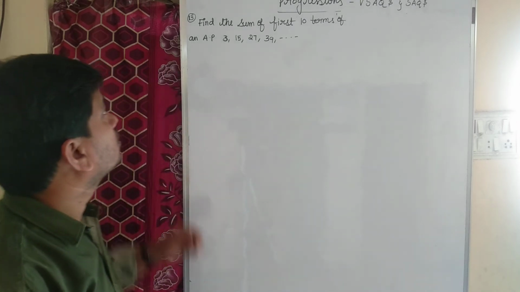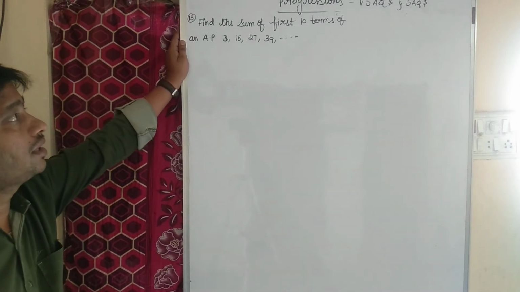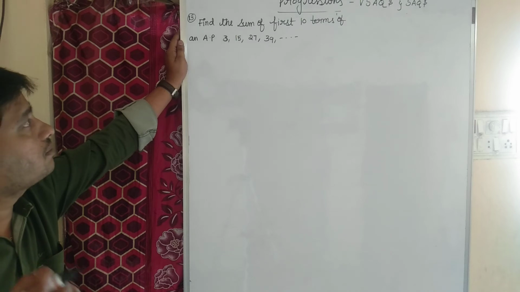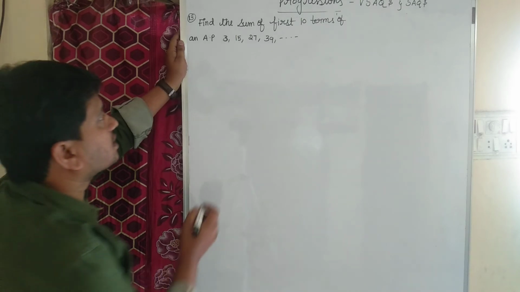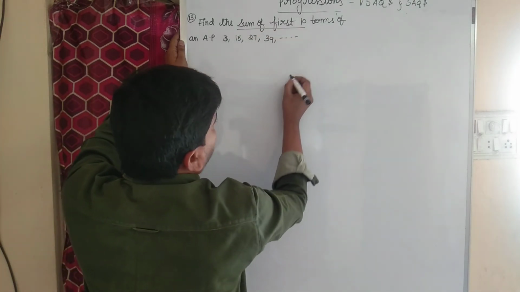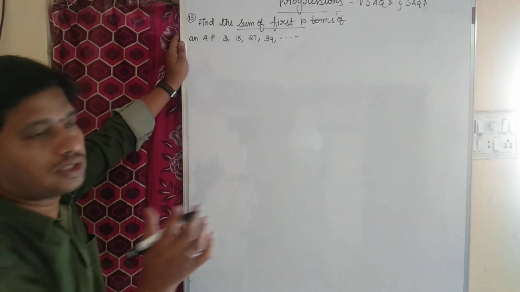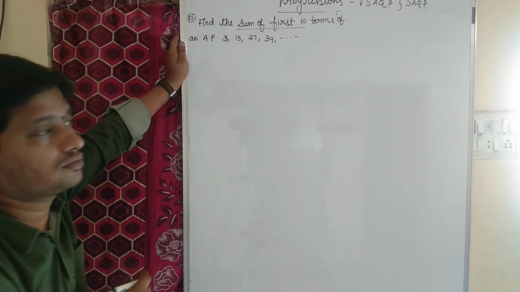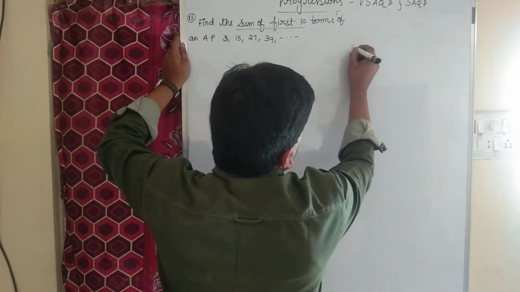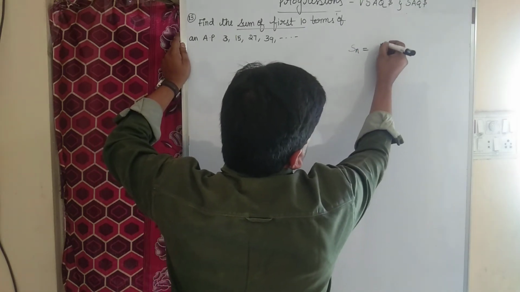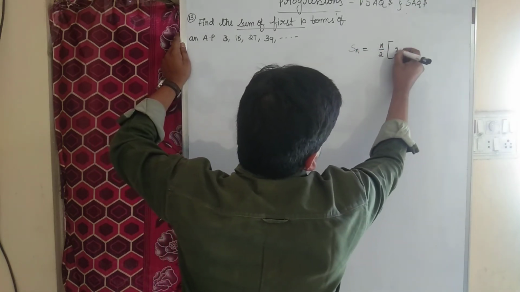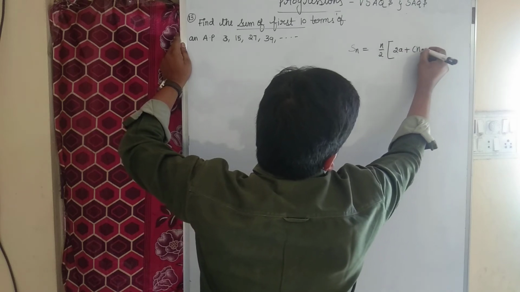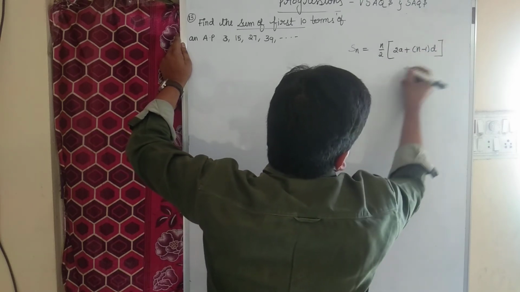Now coming to the 13th question, find the sum of first 10 terms of an AP. What are they asking, children? They are asking to find the sum of first 10 terms of an AP. You know, children, what is the sum of first n terms of an AP? Sn equals n by 2 into 2a plus n minus 1 into d.